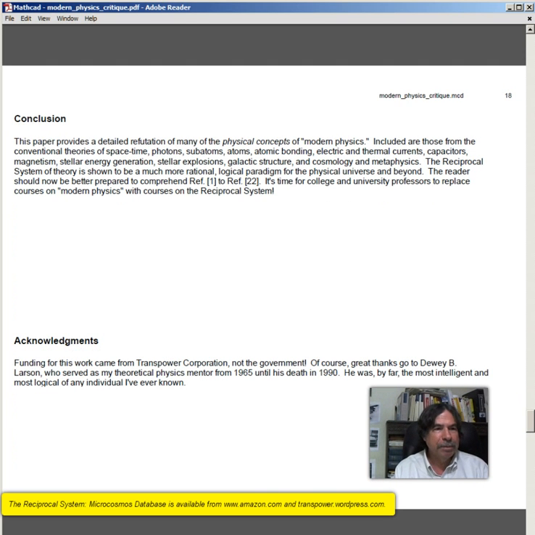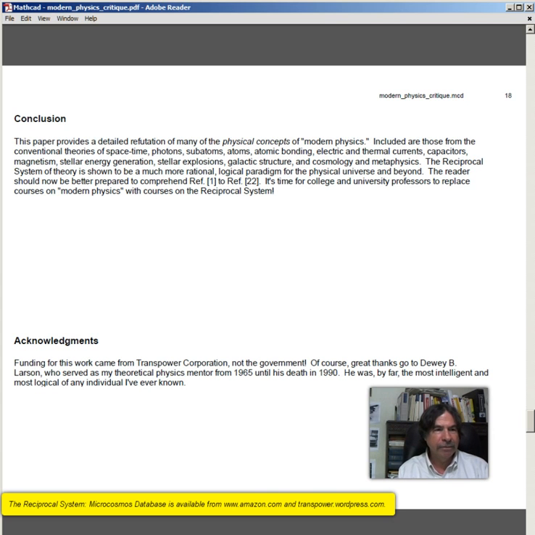Conclusion. This paper provides a detailed refutation of many of the physical concepts of modern physics. Included are those from the conventional theories of space-time, photons, subatoms, atoms, atomic bonding, electric and thermal currents, capacitors, magnetism, stellar energy generation, stellar explosions, galactic structure, and cosmology and metaphysics.